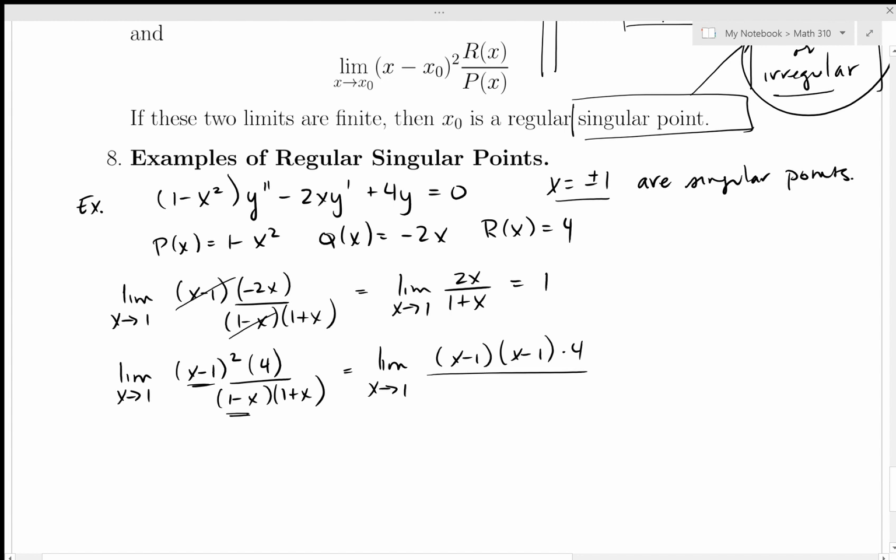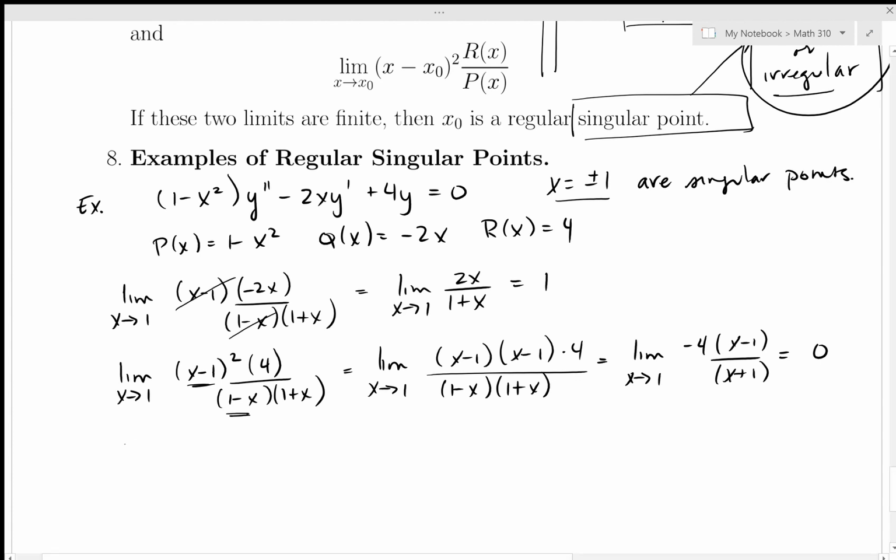I guess I factored that in some sense. Then here's 1 minus x and 1 plus x. And that's the limit as x goes to 1 of minus 4, x minus 1 over x plus 1, and that is equal to 0. That limit exists and it is 0. That is finite. Both limits are finite.